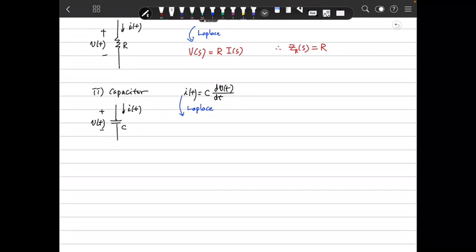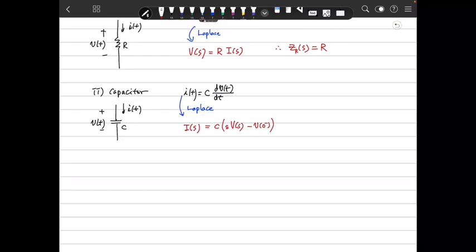We'll use the red pen. Is equals C times (s Vs minus V0).